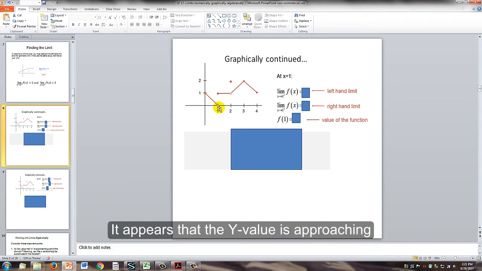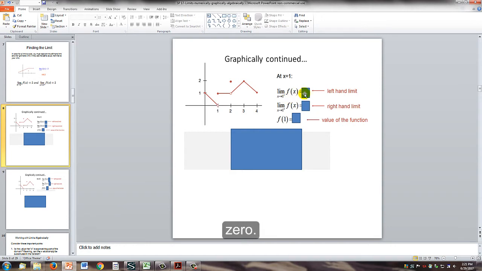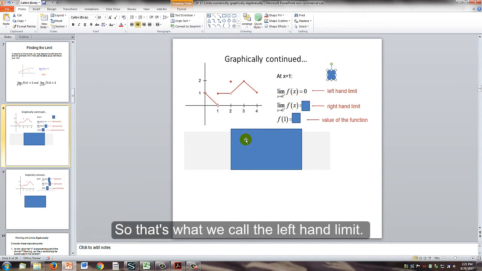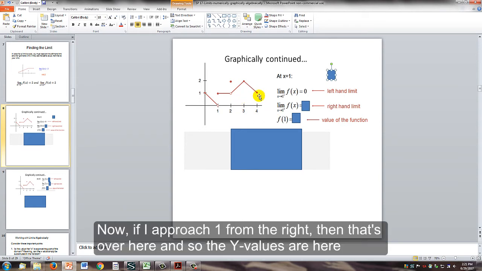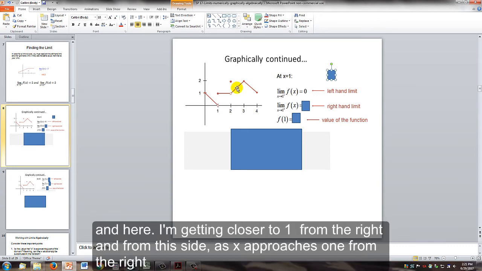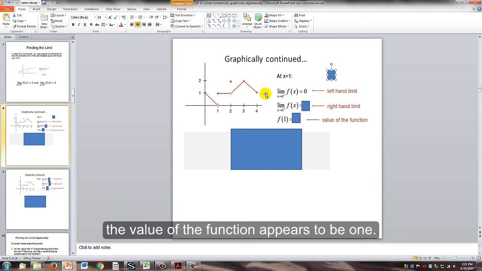It appears that the y value is approaching 0. So that's what we call the left-hand limit. Now if I approach 1 from the right, then that's over here, and so the y values are here and here. I'm getting closer to 1 from the right, and from this side, as x approaches 1 from the right, the value of the function appears to be 1.